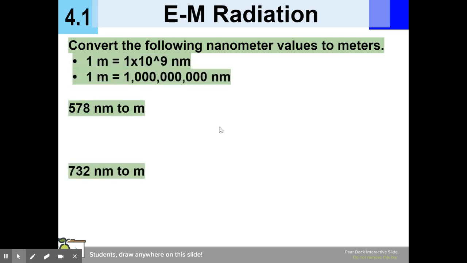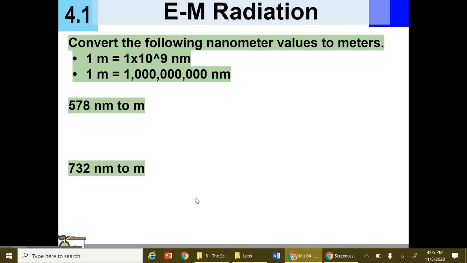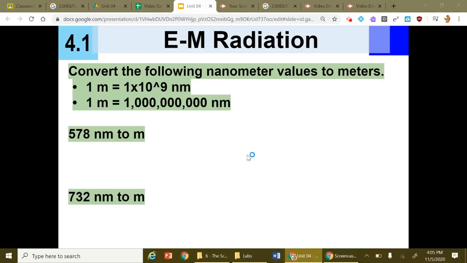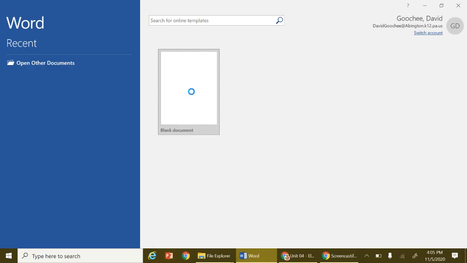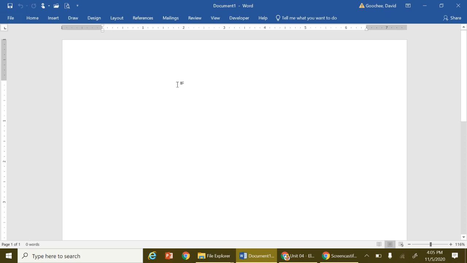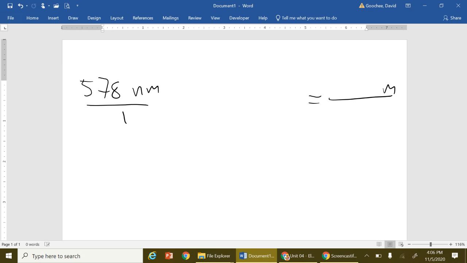Can I convert 578 nanometers into meters? I can, all right? I'm going to open up a little doc, and I'm going to do that here. So 578 nanometers into meters. Let me convert that. So 578 nanometers, and I want to convert that into meters.